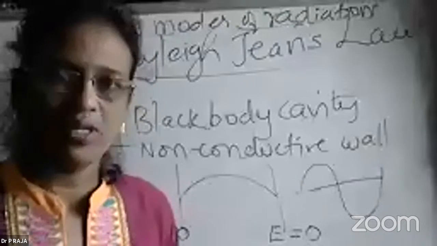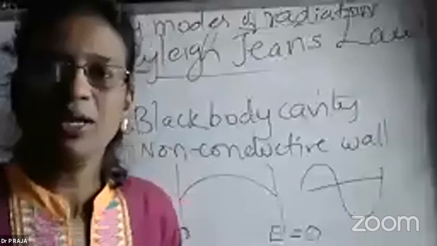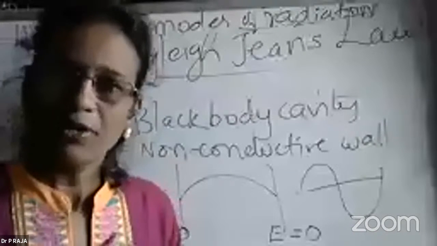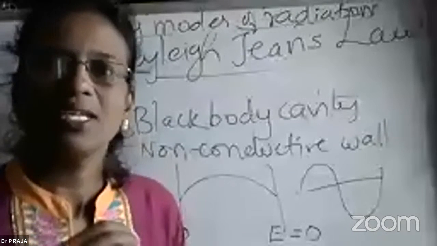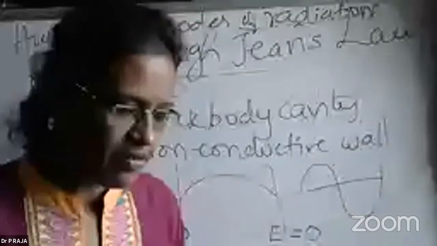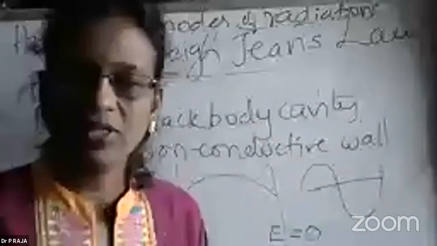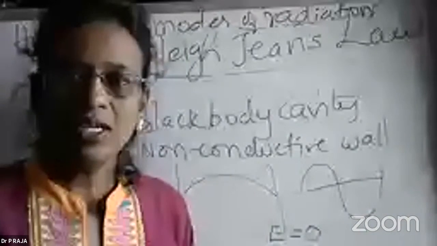We understand that the black body radiations are in a vibrational mode, vibrating with a particular energy. So we need to calculate the average energy of the radiations which are passing within the black body cavity.